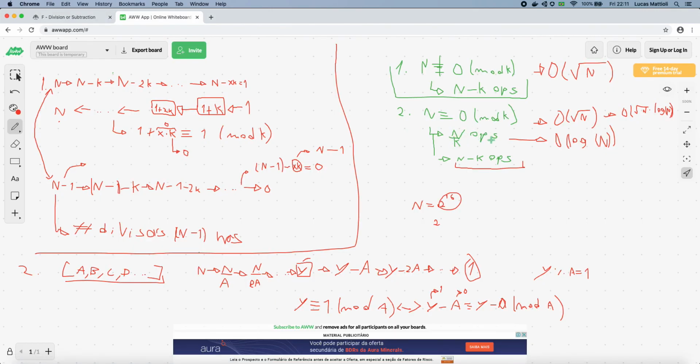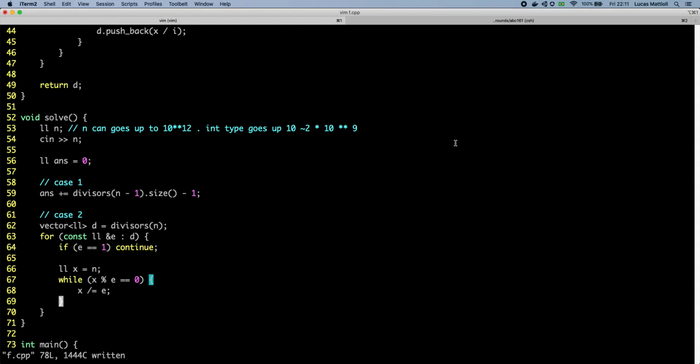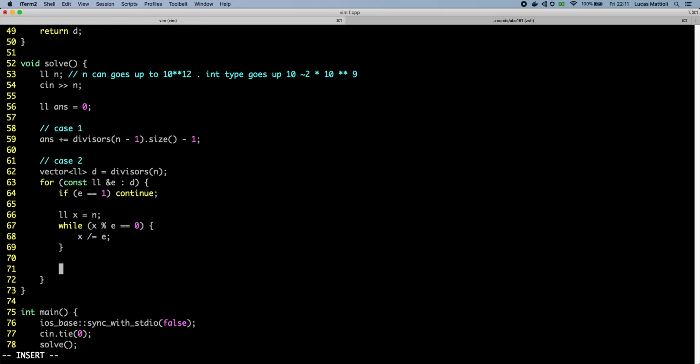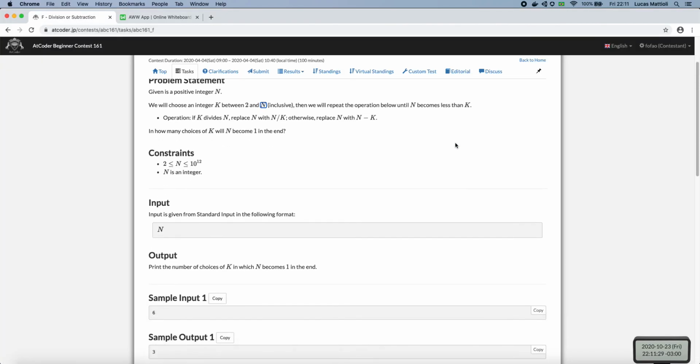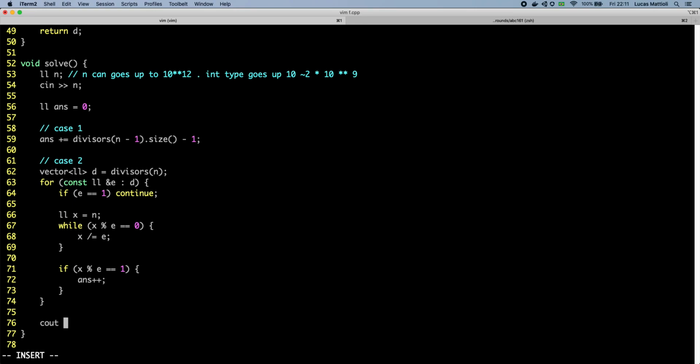We keep doing this until we can't anymore, and then we check whether this final value modulus a is equal to 1, and if so, we increase the answer, and that should be the final answer.